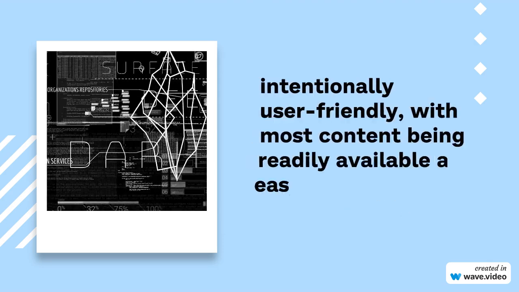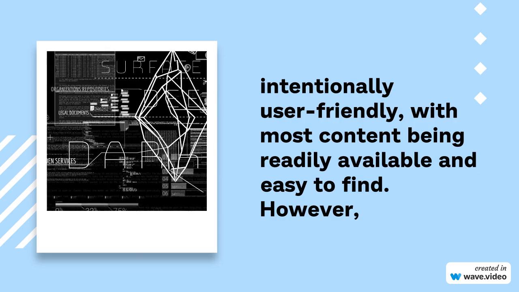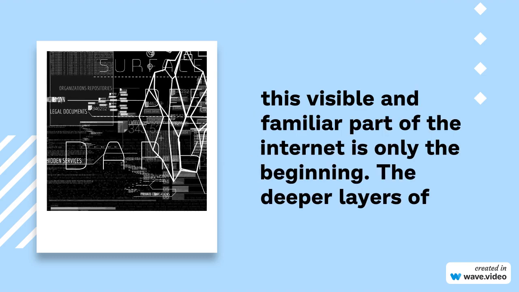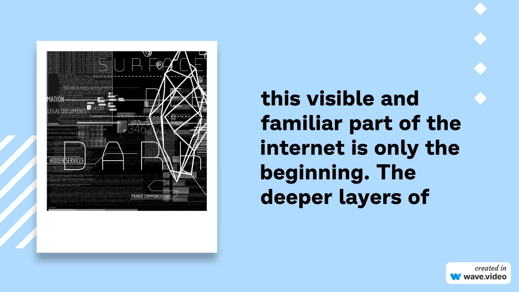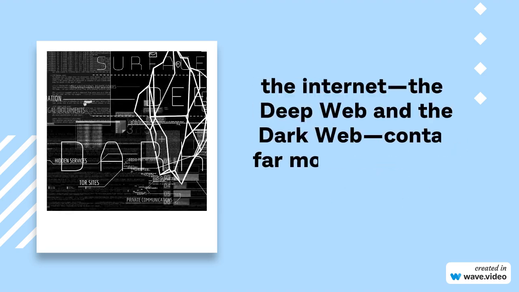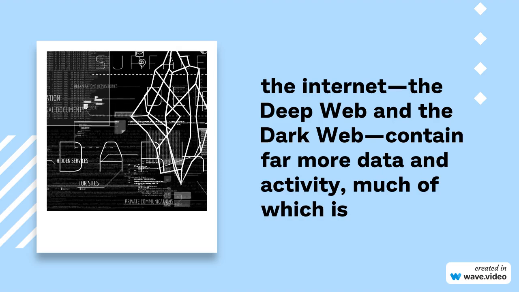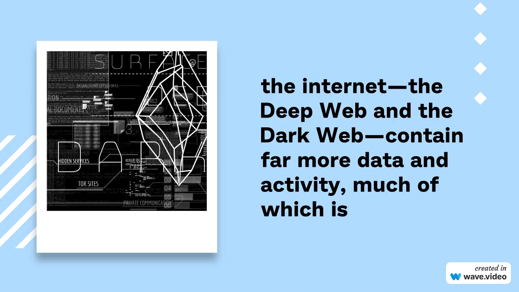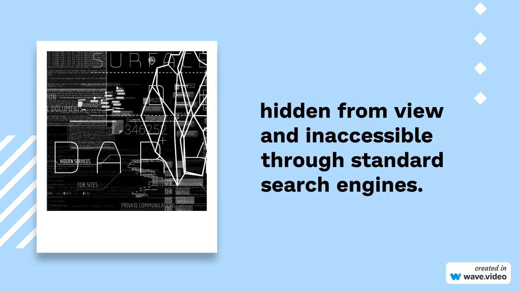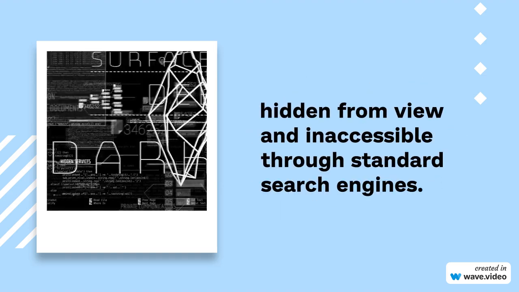It's intentionally user-friendly, with most content being readily available and easy to find. This visible and familiar part of the Internet is only the beginning. The deeper layers of the Internet, the deep web and the dark web, contain far more data and activity, much of which is hidden from view and inaccessible through standard search engines.